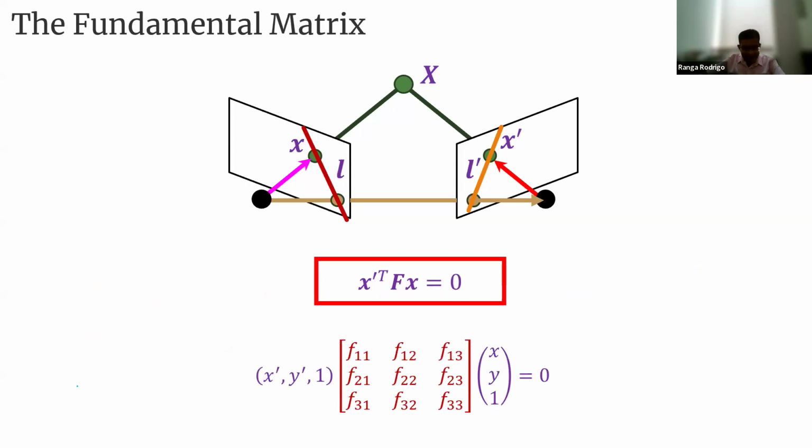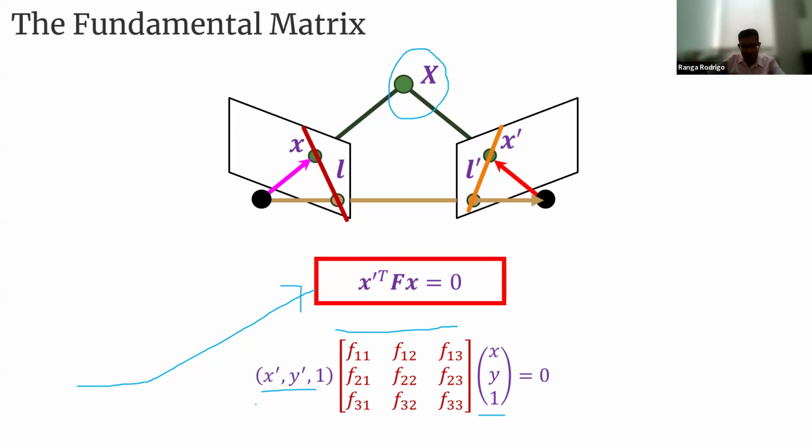So this is something that you have to remember. x prime transpose Fx is 0. Is that clear for you? That means if you know the elements of the fundamental matrix, and if you know corresponding points in the two images, you can see whether they are consistent. That means that they are the images of the same point. There can be caveats.